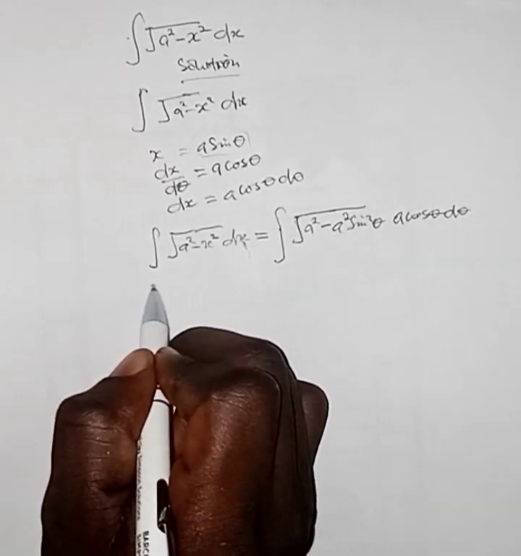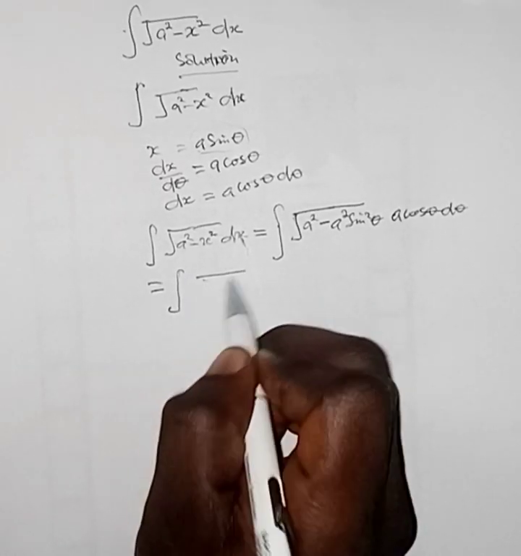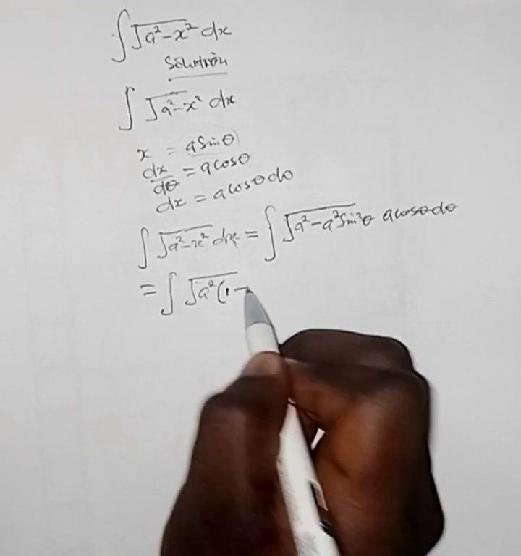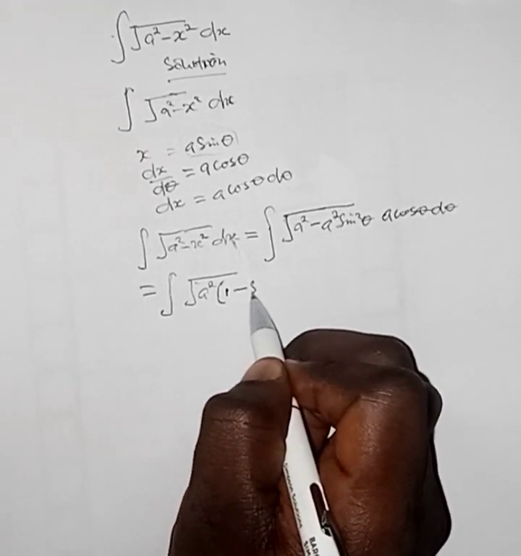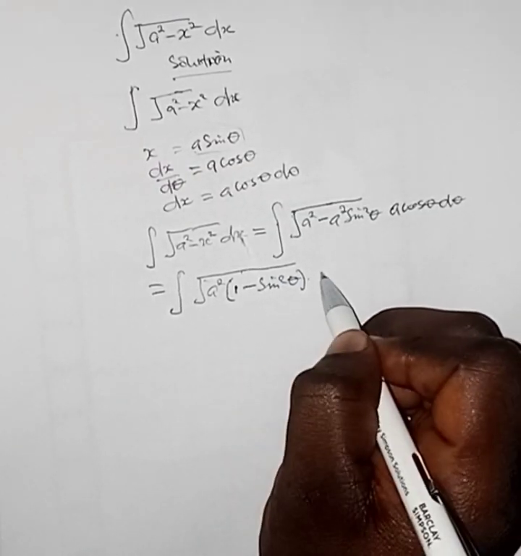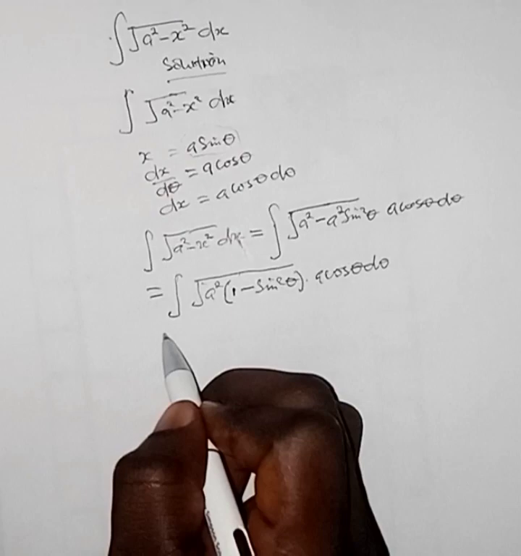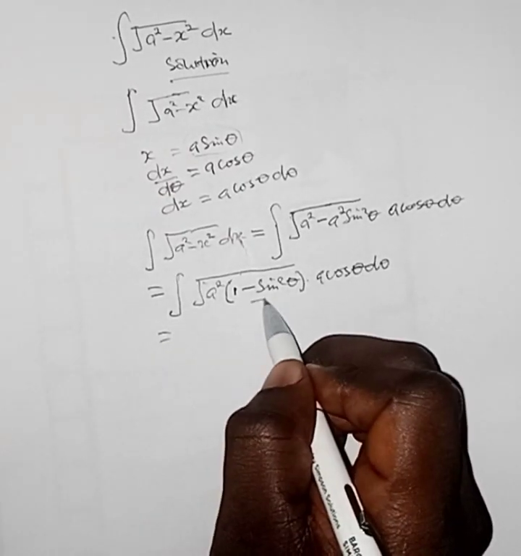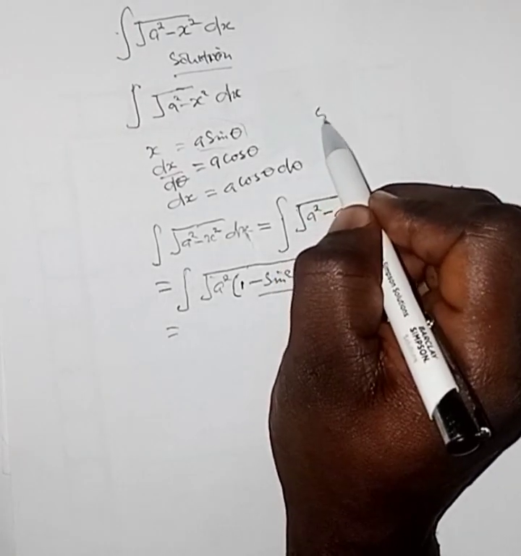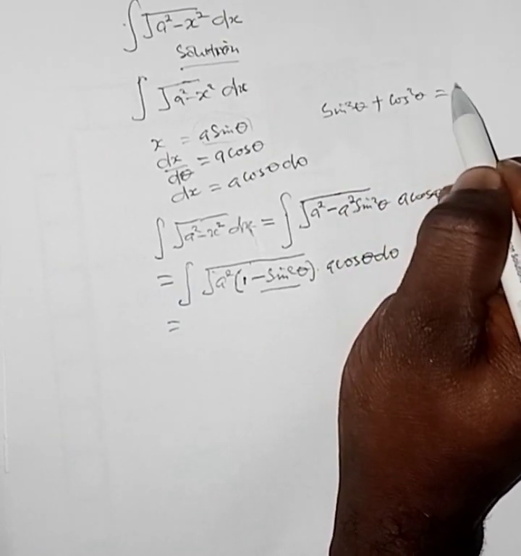Moving on, we can evaluate that further. This is the integral of root a squared, which is common there, so we can bring it out, and then we have inside the bracket 1 minus sine squared theta, multiplying our dx, a cos theta d theta. Now what do we do again? If you remember the identity, sine squared theta plus cos squared theta is equal to 1.